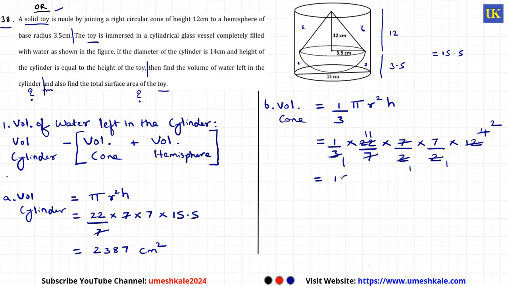So we will get 154 centimeter cube. Sorry, we have to write cube here. Here also I'll make it cube, because for volume we write cube, since volume is three dimensional. Now we will find the volume of hemisphere.